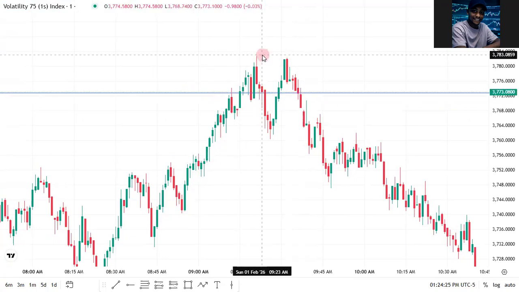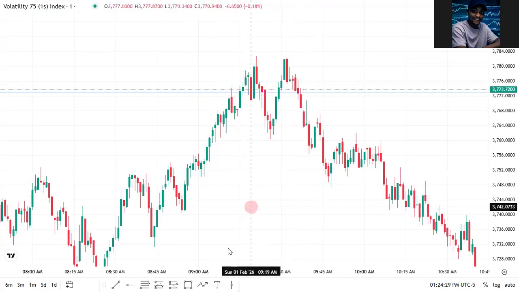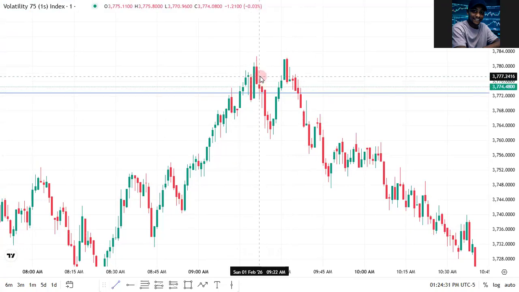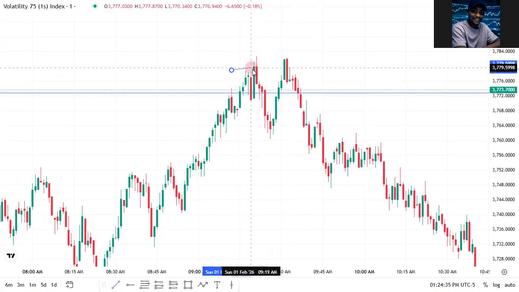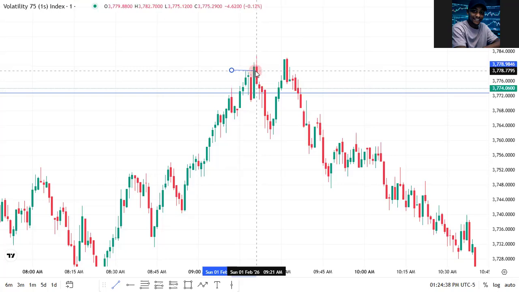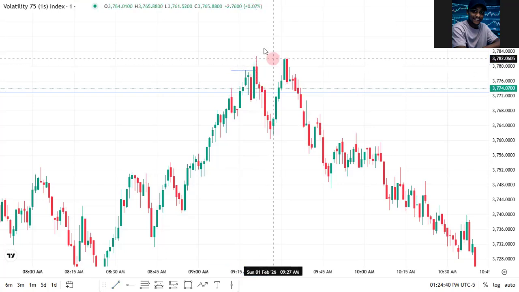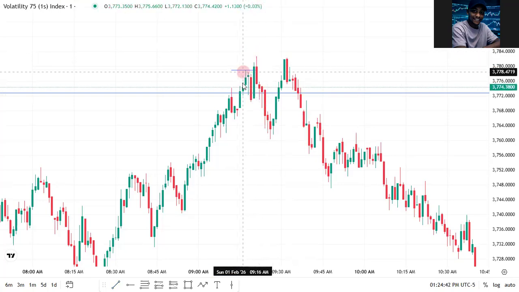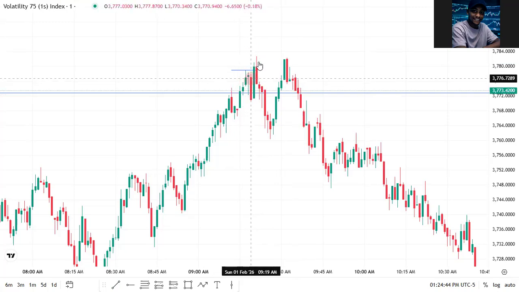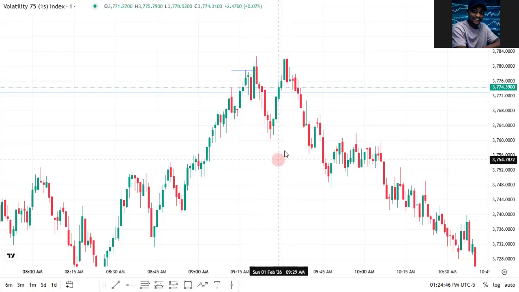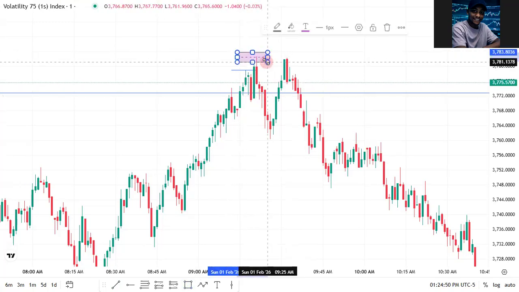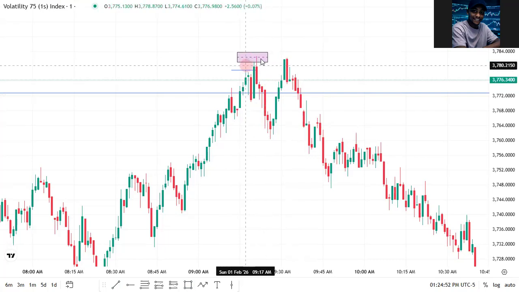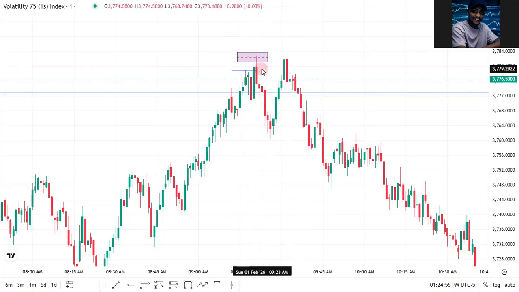So what happened? Price moved higher. Once we move higher, we take out this short-term high. Since we take out this high here and we move down, there shouldn't be any liquidity currently here.